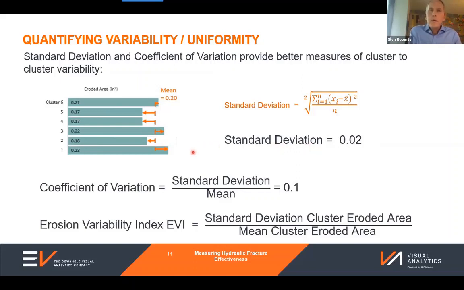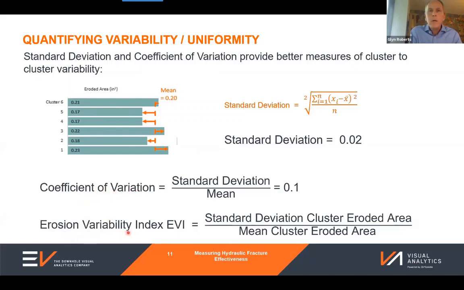We've kind of rebranded coefficient of variation and come up with a name, erosion variability index. I think putting the words erosion variability in there helps describe better what we're actually trying to measure, rather than coefficient of variation, which is a bit of an abstract term.